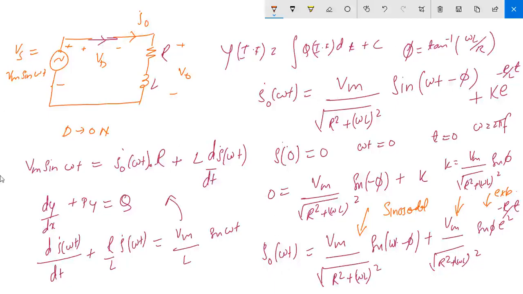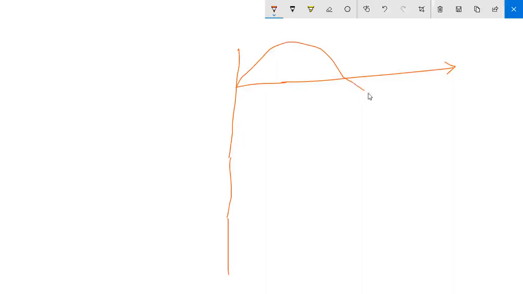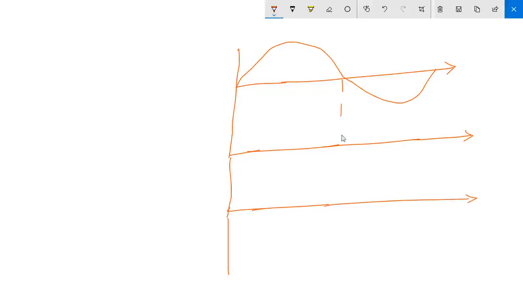Okay, so let us draw the waveforms. So this is my sinusoidal waveform, and basically if you have seen the current equation, it has a sinusoidal waveform as well as an exponential waveform.